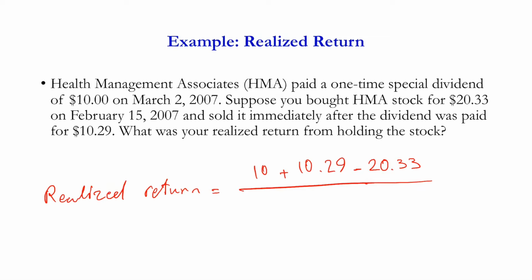And we should divide this whole numerator by the purchasing price, which was $20.33. If you use your calculator, this would equal negative 0.2%. So the realized return for holding this stock is negative 0.2%.